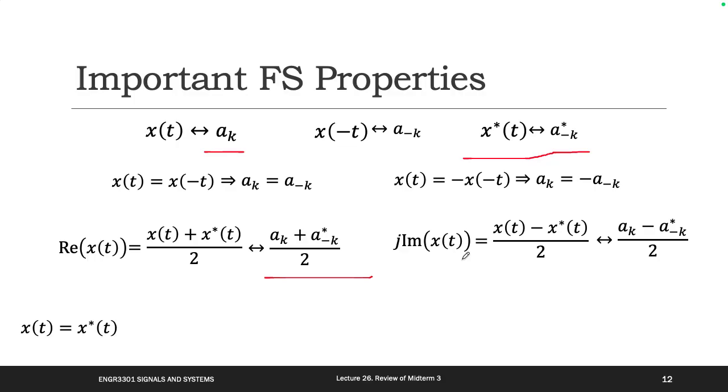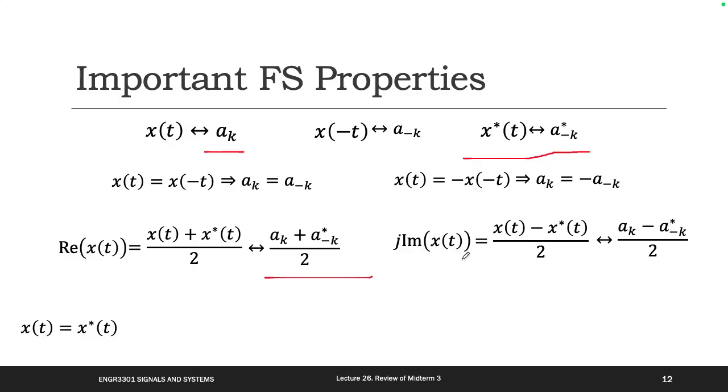And then if you have this signal x(t) equal x conjugate(t), what does that mean? What kind of signal is it?